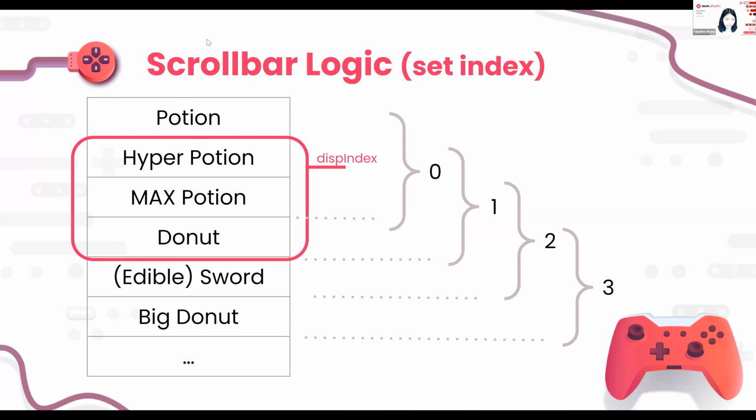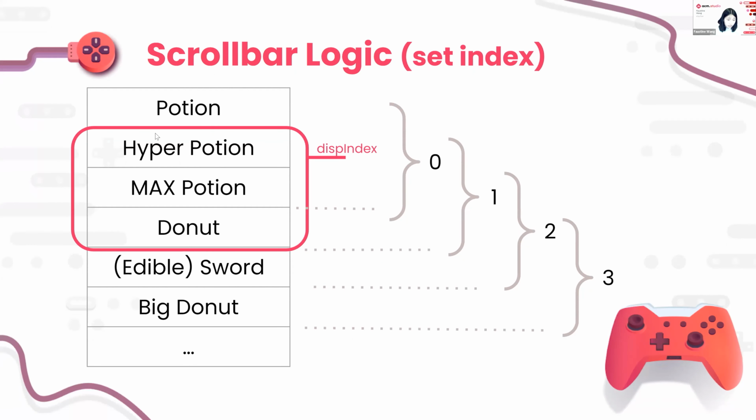Okay, anyways, so the total number of sets on screen possible is: 1, potion, hyper potion, and max potion. 2, hyper potion, max potion, donut. 3, max potion, donut, edible sword. And 4, donut, edible sword, and big donut. Okay, so we counted 1, 2, 3, and 4 sets. And that would correspond to the indices 0, 1, 2, and 3.